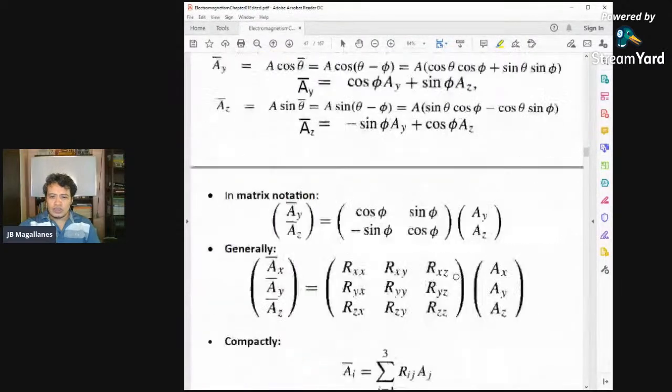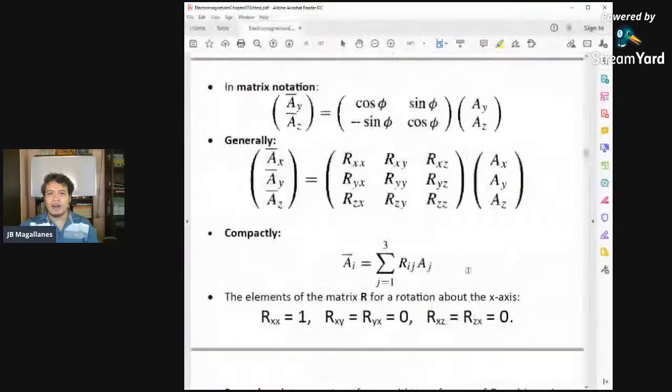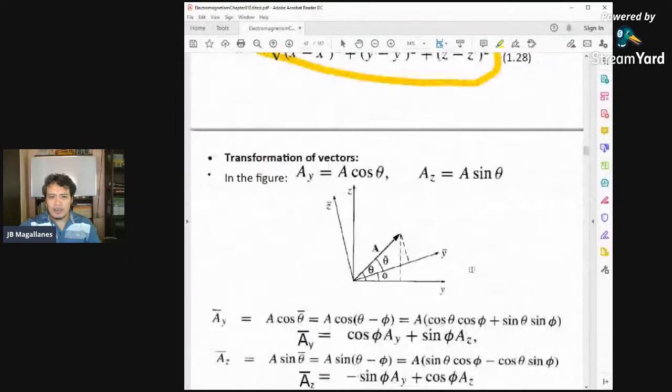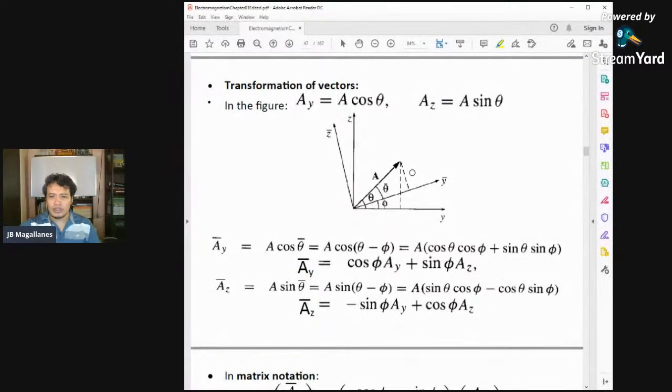We now go to the transformation of vectors. Last time we transformed a vector. We have a three-dimensional vector here. We rotate about the x-axis by some angle phi.